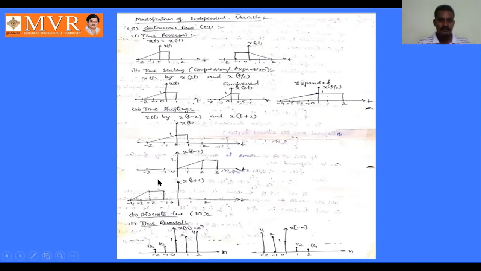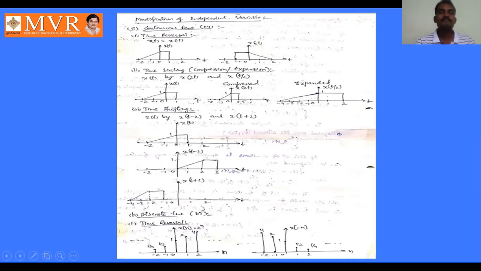So t plus 2 equal to minus 2 gives t equal to minus 4, t plus 2 equal to 0 gives t equal to minus 2, t plus 2 equal to 1 gives t equal to minus 1. So it is shifted towards the left side along the x-axis by 2 units if it is x of t plus 2.